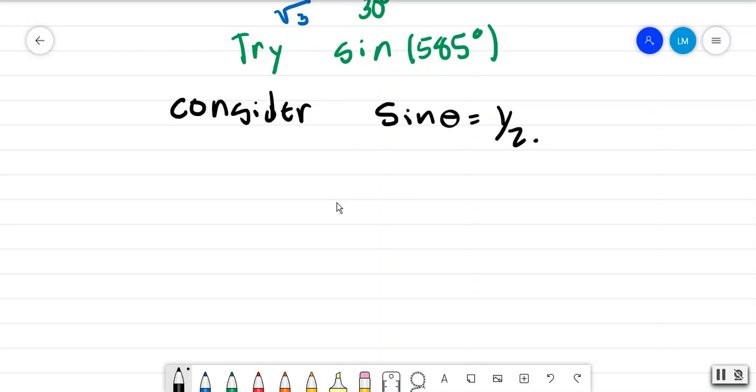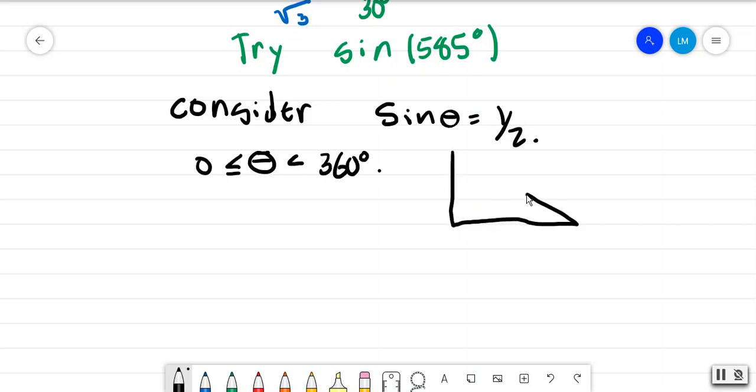Okay, so that's kind of interesting. The fact that here we don't really know what theta is becomes somewhat interesting because theta can be anywhere between 0 and 360 degrees. But think of it like this. Which one gave us 1/2 for sine?